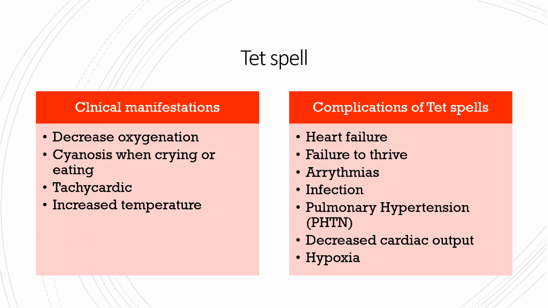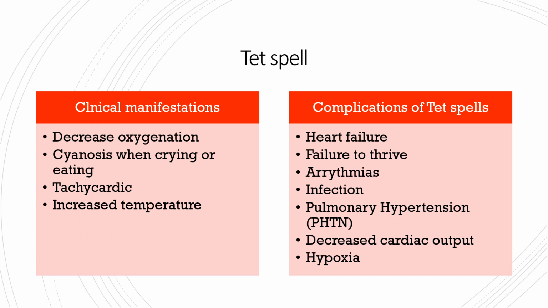Sometimes these patients will have what they call a TET spell. When you see a TET spell, they will have decreased oxygenation. That's because when they are crying, the pressures change and more deoxygenated blood goes out to the systemic system. You'll see cyanosis when they're crying or eating.